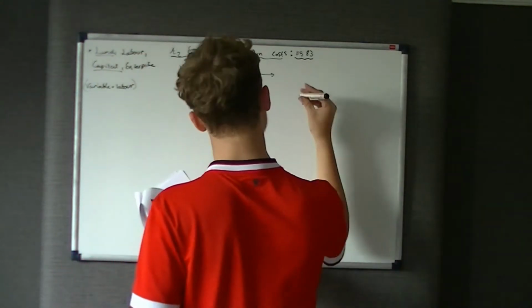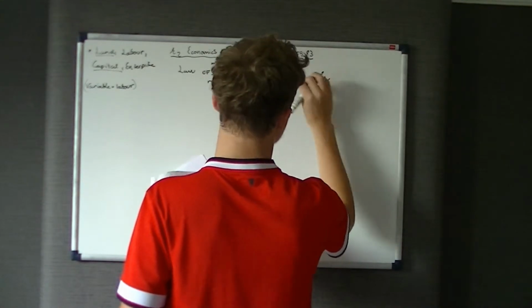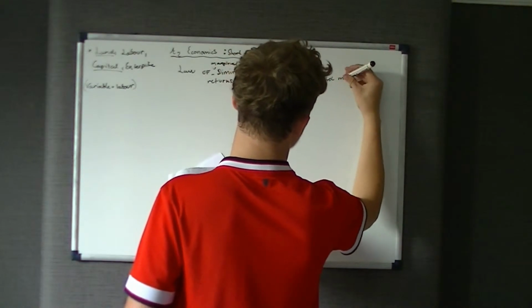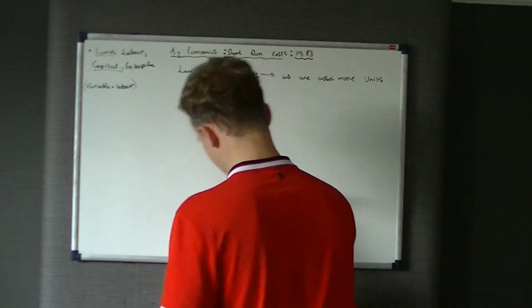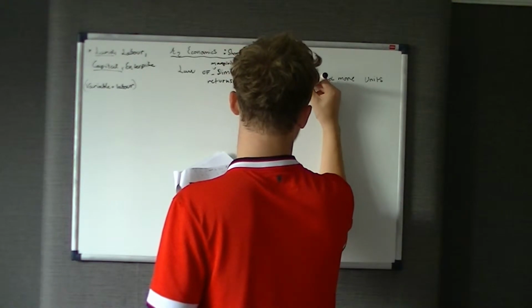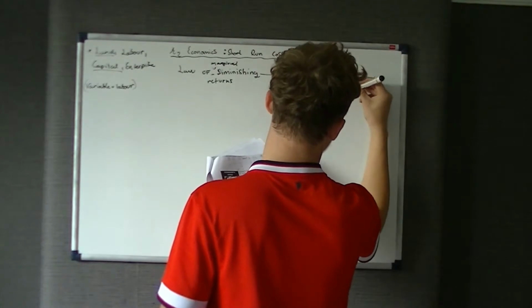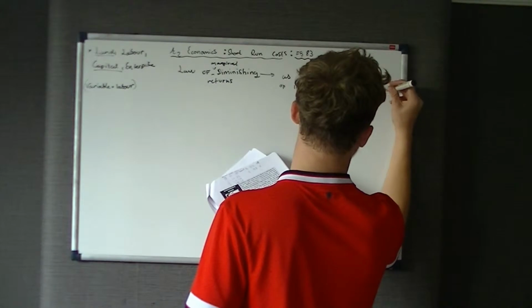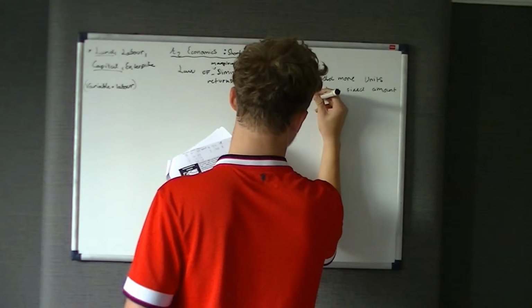It says, as we add more units of labour, so this could be more workers or more overtime, as we add more units of labour to a fixed amount of capital and land.